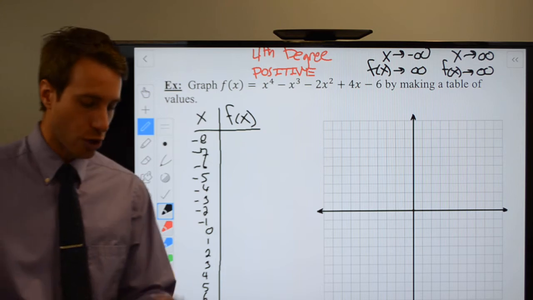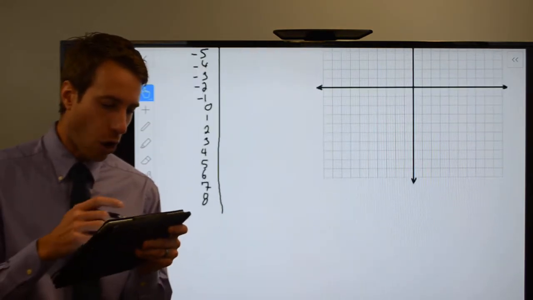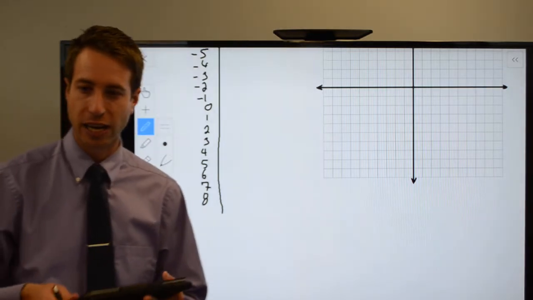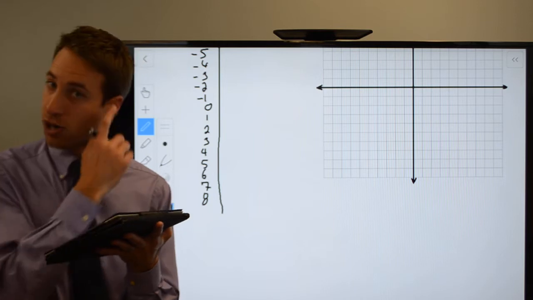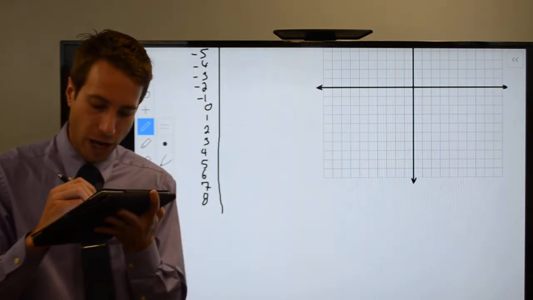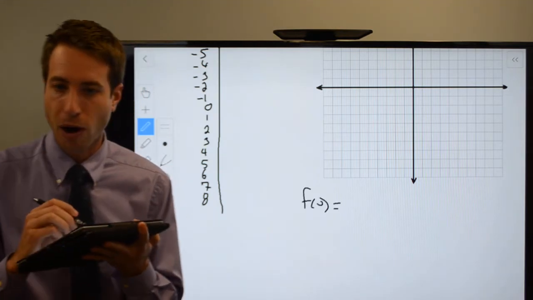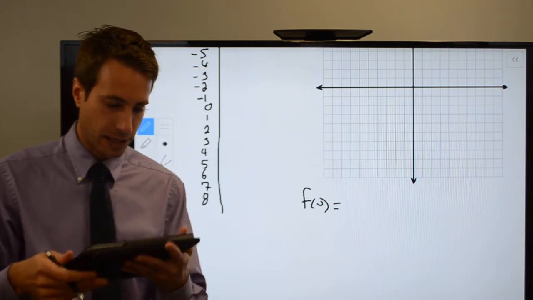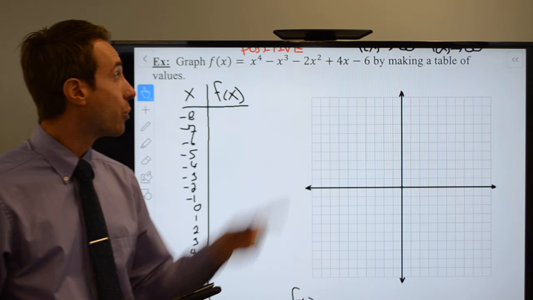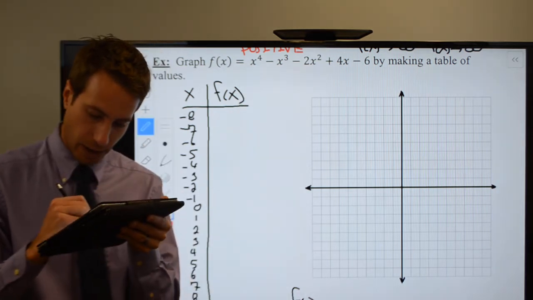Now, again, I will show you a couple of these just to show you what I mean. I've actually already done them because, again, it's just a lot of plugging and chugging on a calculator, but here's what you're going to do. I'll start with 0 and work my way through my table. So the first thing I'm going to do is plug in f of 0. Remember, my polynomial is this guy right up here. Everywhere I have an x, I'm going to plug in the domain value of 0.